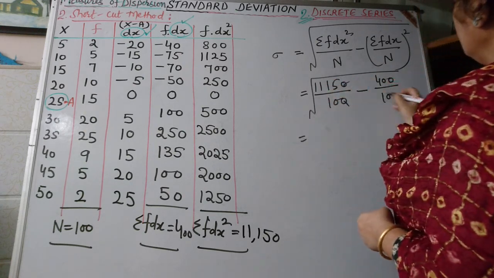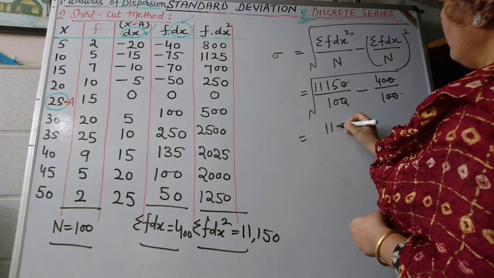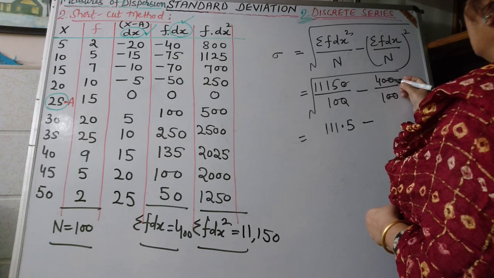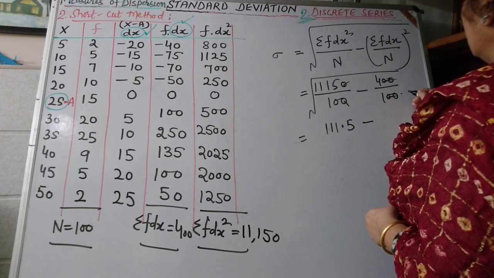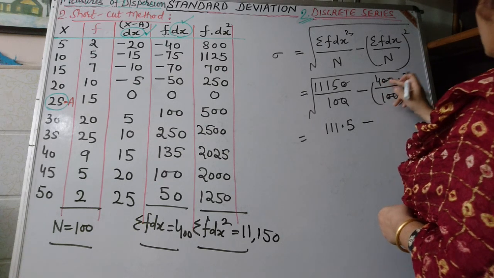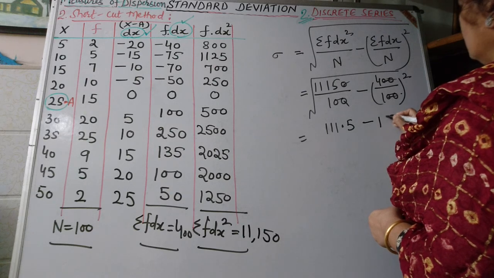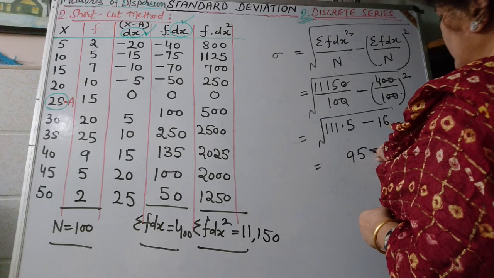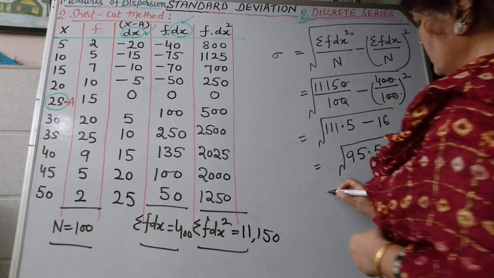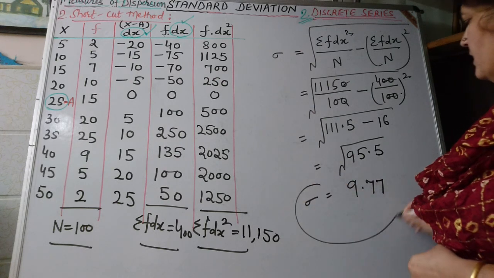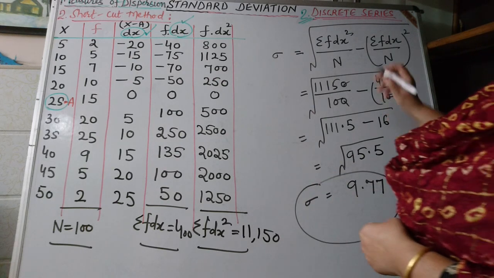So it will be 111.5 minus 16 under root, and this is 95.5 under root, which is equal to 9.77. So the value of standard deviation is 9.77 in a discrete series by shortcut method.